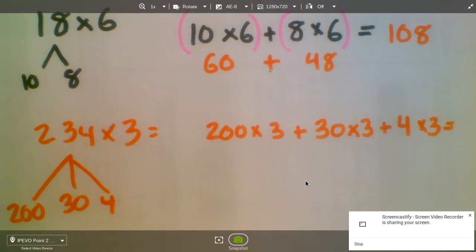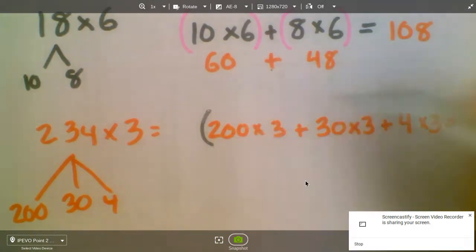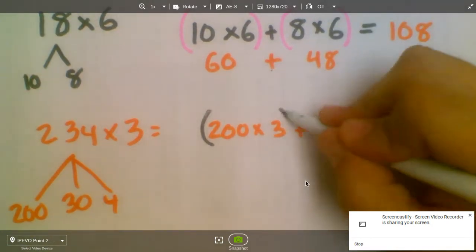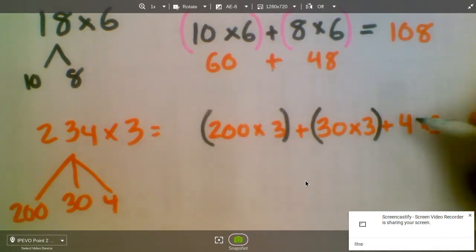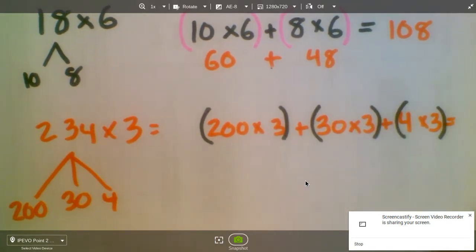And like I said before, I don't need to put in these parentheses, but it helps me to be more organized when I can add in these parentheses to keep my work together. It just makes more sense to me, I guess. Keeps it more organized.